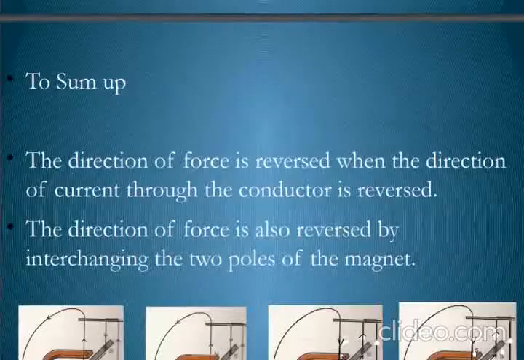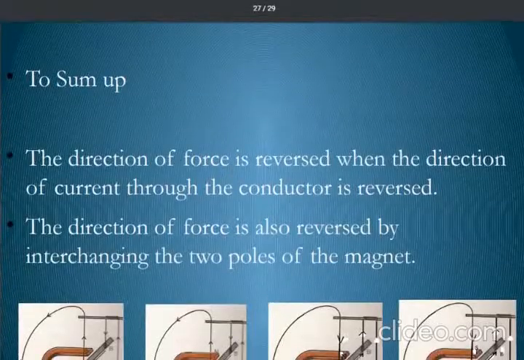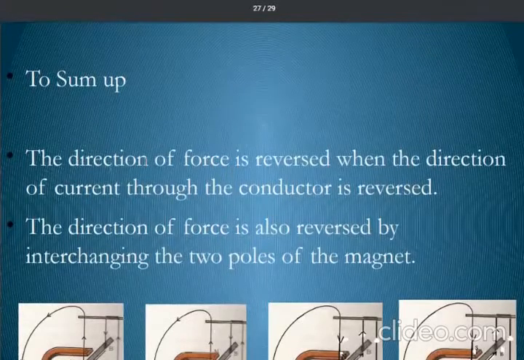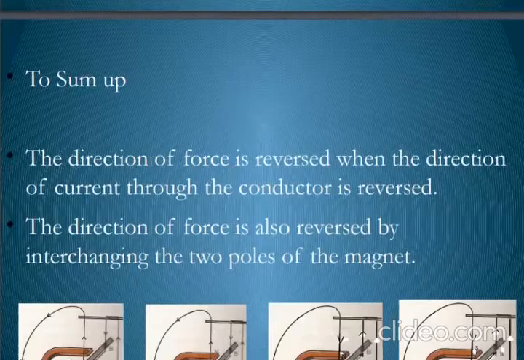So to sum up, the direction of force is reversed when the direction of current through the conductor is reversed. That is, the direction of magnetic force acting on a current carrying conductor placed in an external magnetic field is reversed when the direction of current through the conductor is reversed.